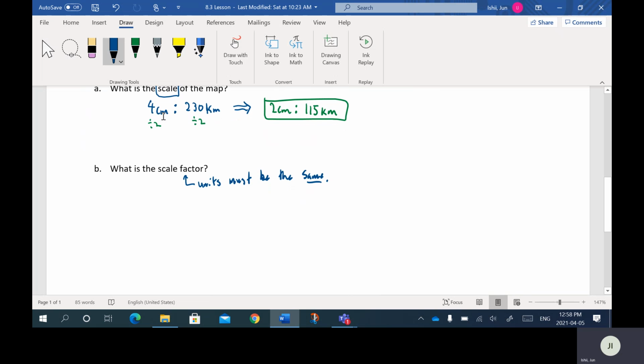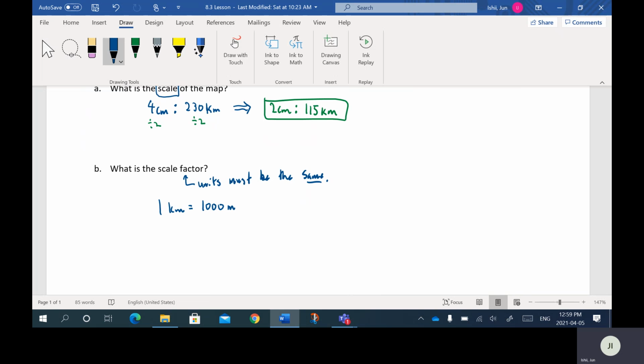So basically what I need to do is convert the larger unit into the smaller, if that makes sense. 1 kilometer is equal to 1,000 meters. That's what the word kilo means: kilo means 1,000.